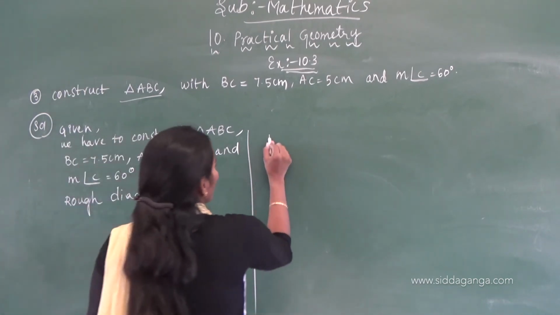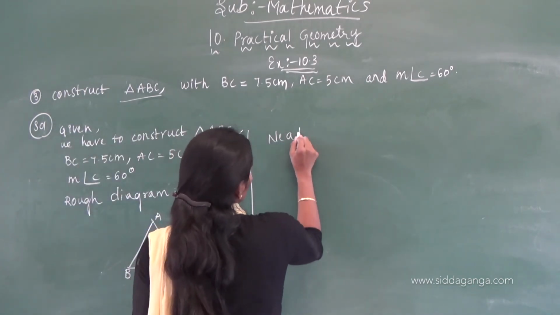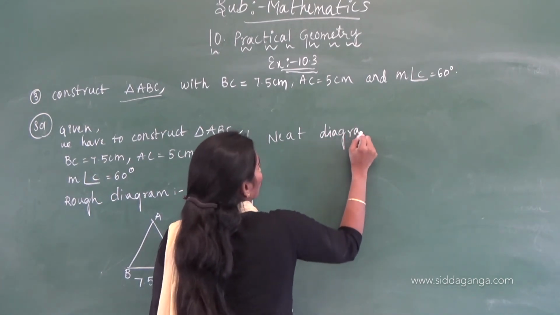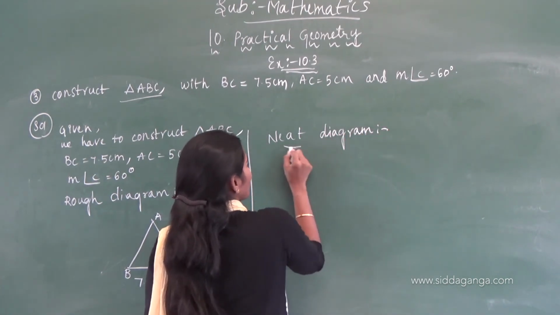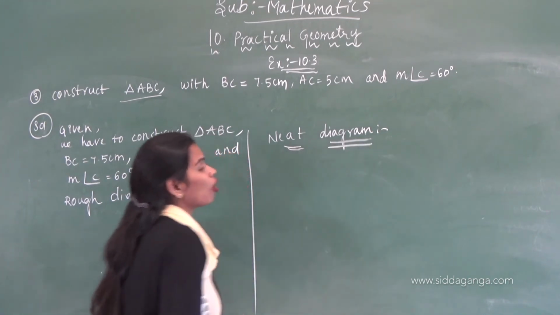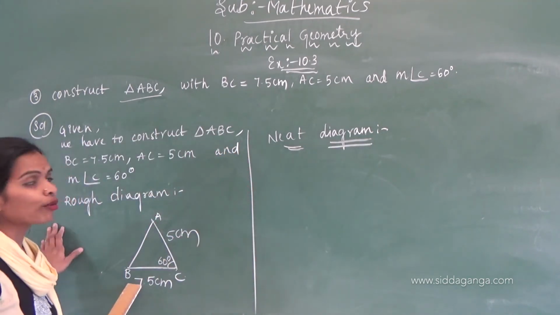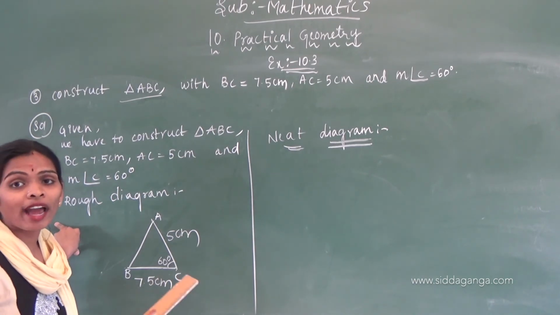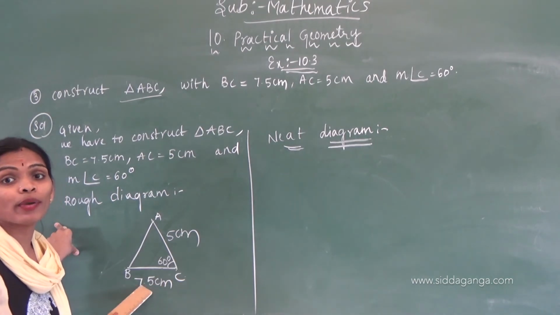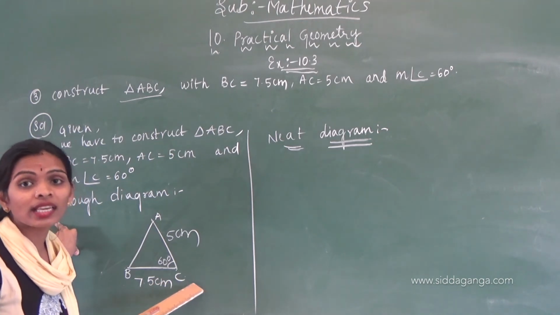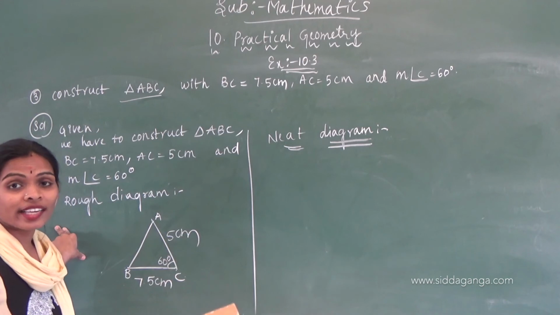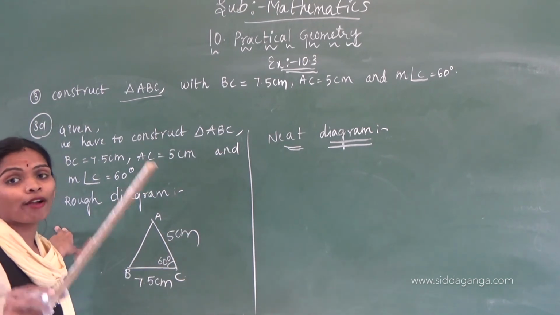And the neat diagram means I am constructing the triangle ABC with perfect measurements. Okay, base what we have to take? We have to take base as 7.5 centimeters, and name it BC. A 7.5 centimeter line segment we have to draw first.